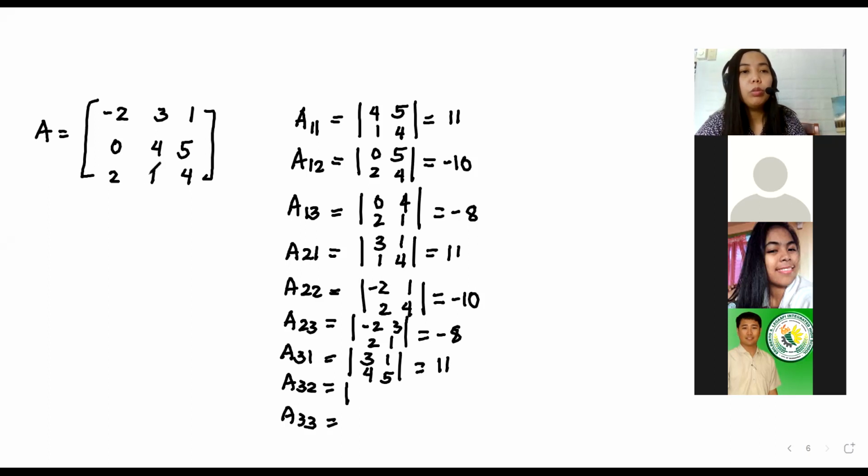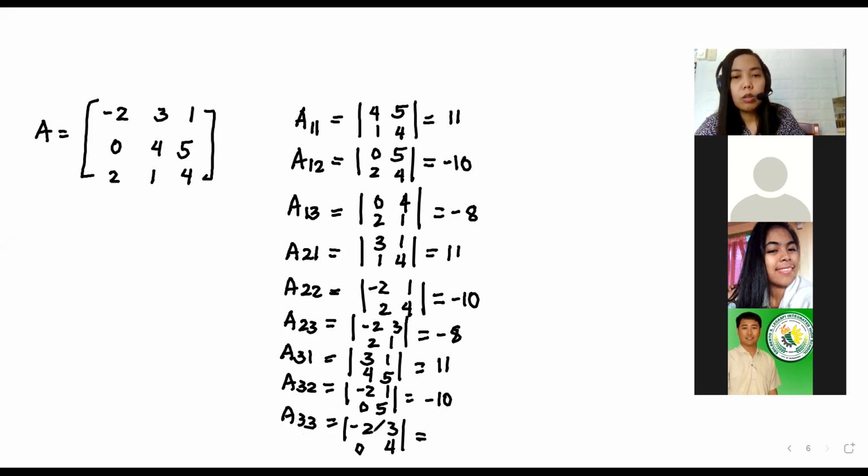Next, row 3, column 2: negative 2, 1, 0, 5. Negative 10. Row 3, column 3: negative 2, 3, 0, 4. So we will have negative 8. Okay, so that's how we find the minors.